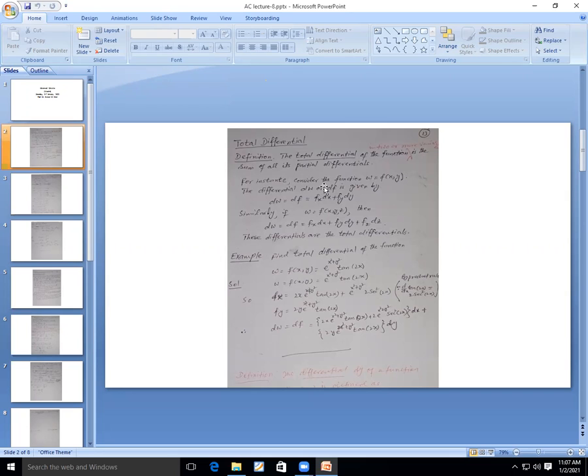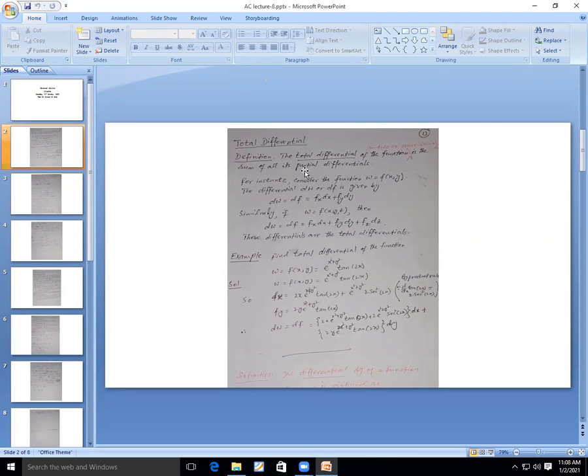Then add these differentials, then the sum is called total differential. So by definition, the total differential of a function, for example, in two variables or more, is the sum of all its partial differentials.